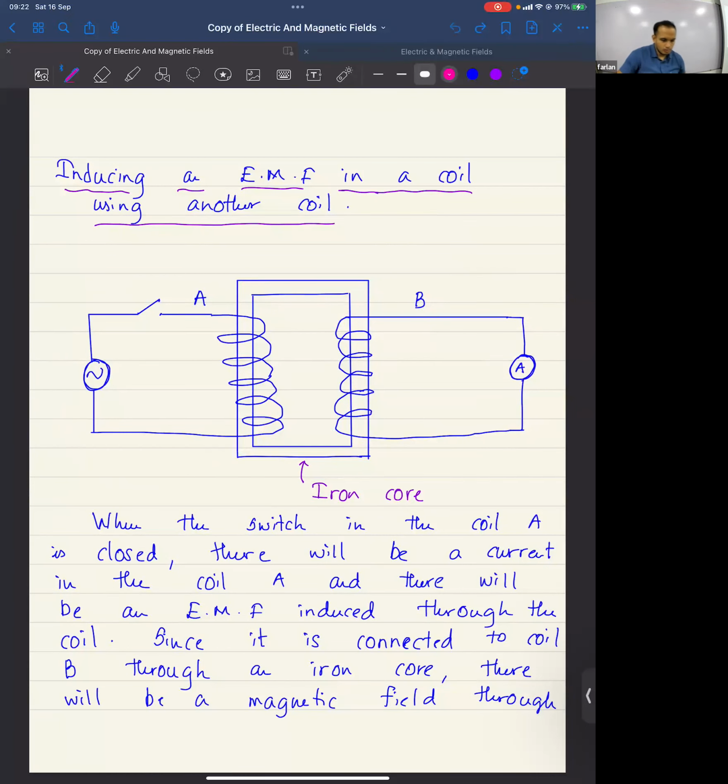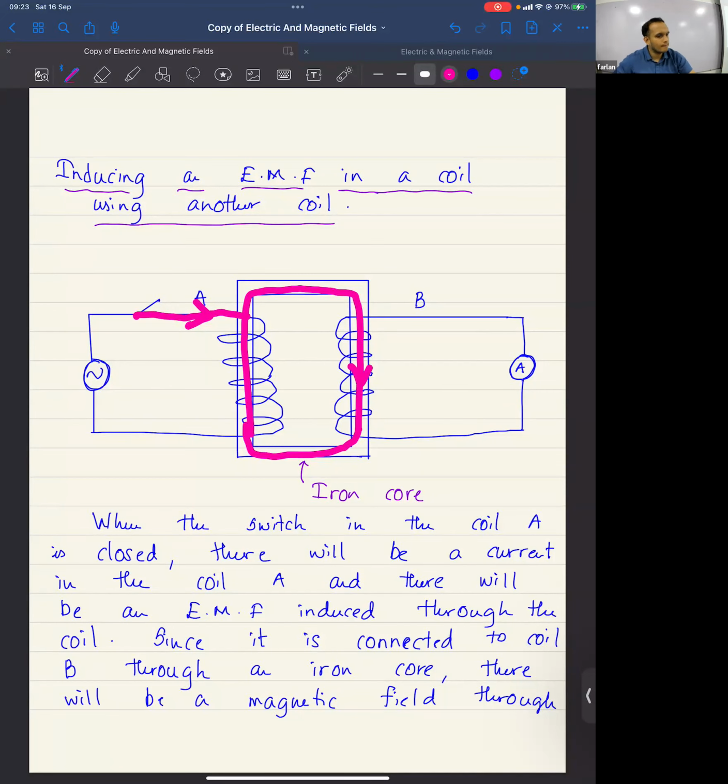If you supply a current to coil A, when a current is passing through coil A, there will be a magnetic field induced through it, according to the right-hand grip rule. That magnetic field will go through, since coil B is connected to coil A by the iron core. This magnetic field will pass through coil B as well.